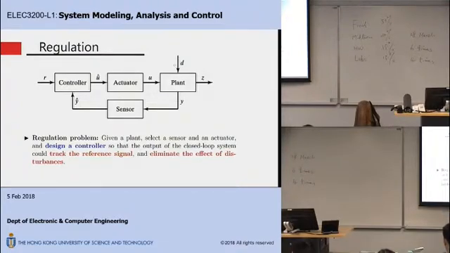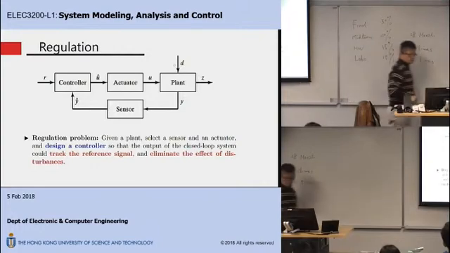So tracking is probably the more important thing. We're going to look at this tracking. You have something coming, and this guy has to follow this guy. That's an additional feature in the regulation problem compared to the previous stabilization problem.